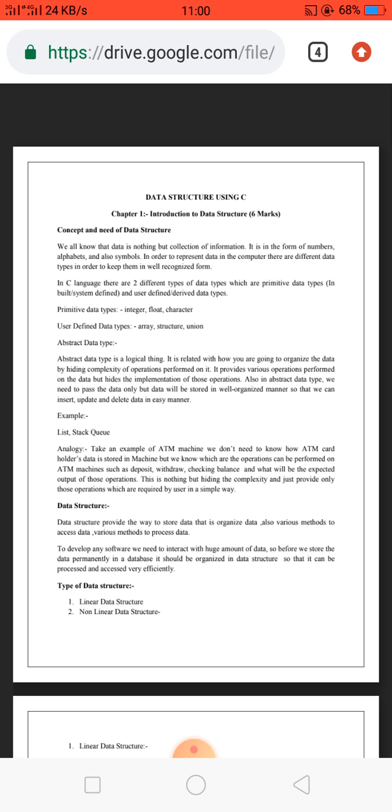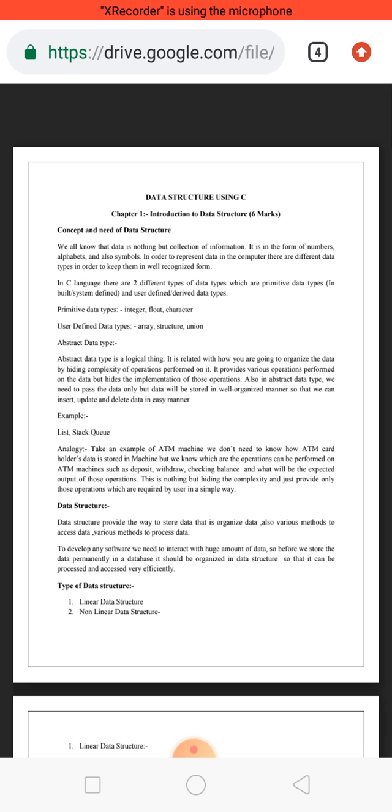For example, suppose messages. How do messages come in your mobile phone? Which message is notified first? The most recent one, which means the message which comes last will get notified first.